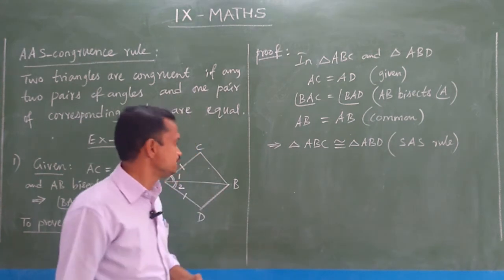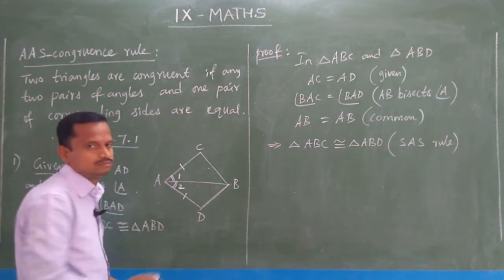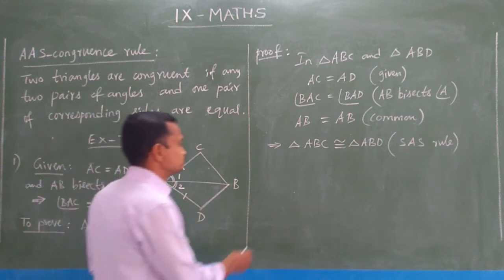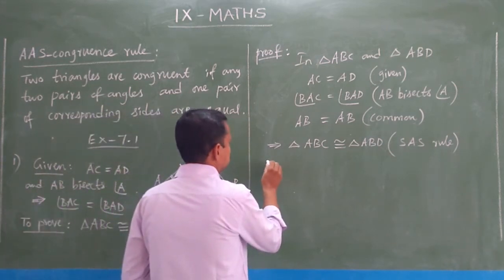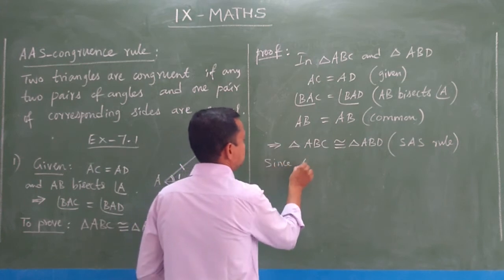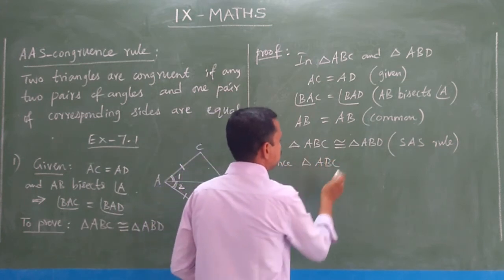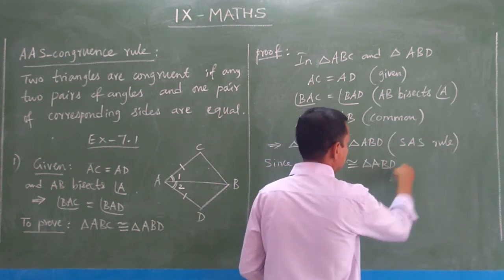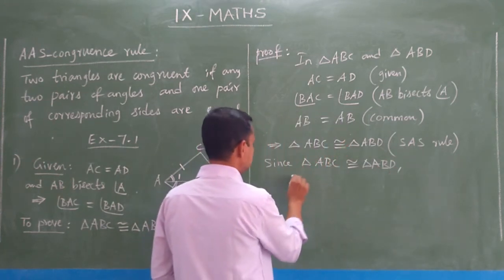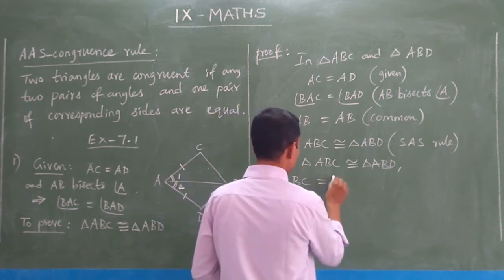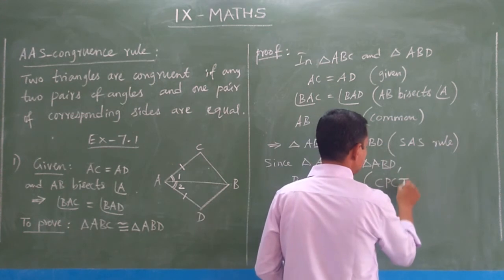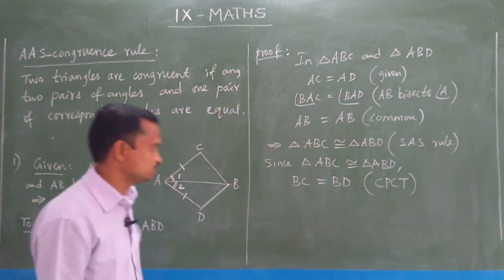Okay, other pairs, that means pairs of sides, pairs of angles are equal. So now we need these two sides, BC, BD. So they are asking the question, what about BC and BD? So since triangle ABC is congruent to triangle ABD, BC is equal to BD, CPCT. The reason is CPCT, corresponding parts of congruent triangles.